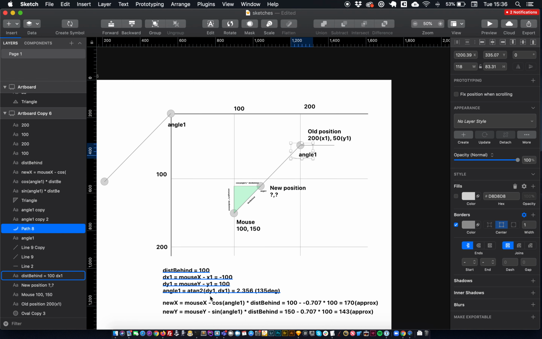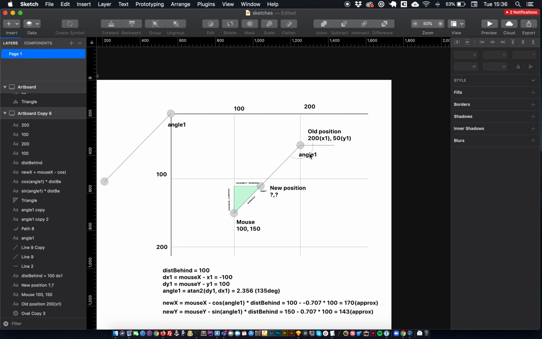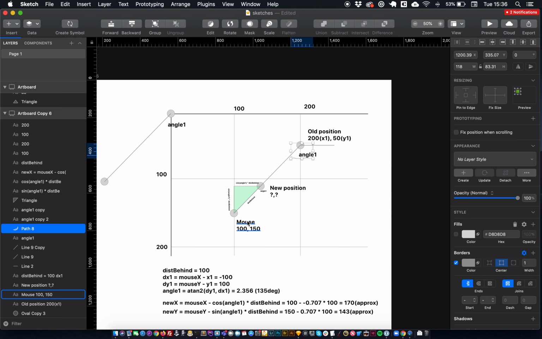So what we need to do is use an atan2 function, and in P5 that only takes one point and gives you the angle of that point away from the origin of the canvas. So to get this angle we just need to figure out what this point here, the new mouse position, is in relation to the origin of the canvas.